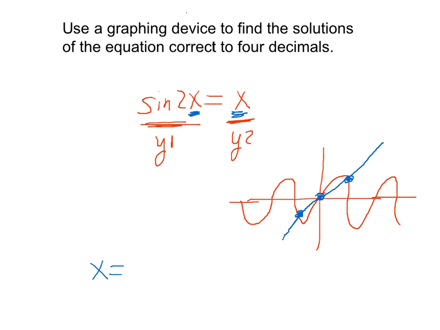The first one here in the middle is easy. That's 0. And if we know a little bit about the symmetry of these functions, these points are rotation images of each other. So if I find one, I know what the other is, and we should find them to be positive and negative 0.9477.